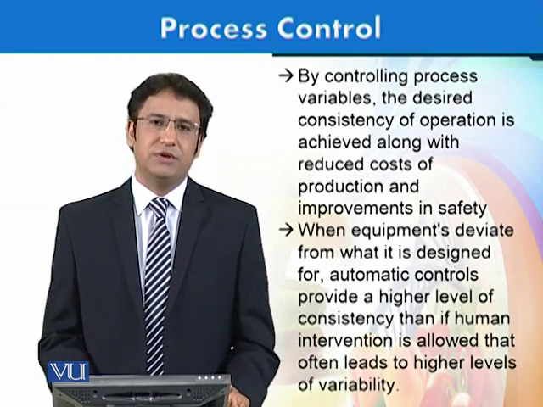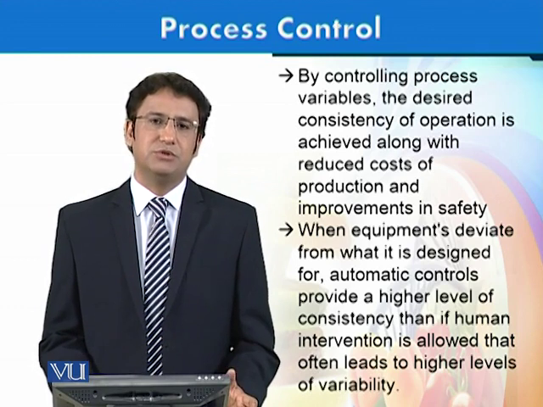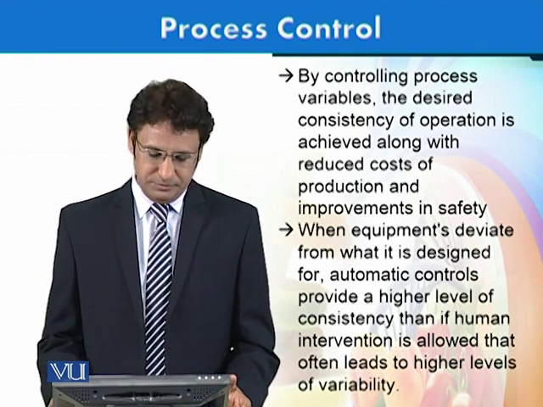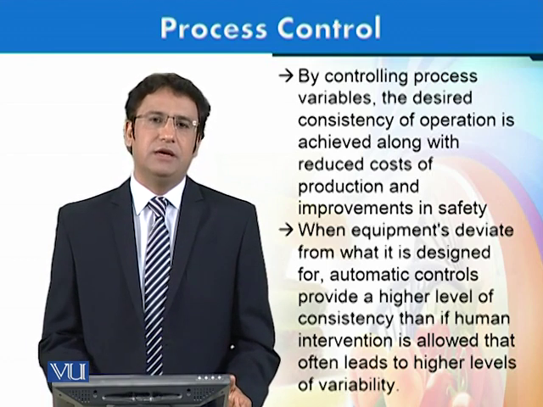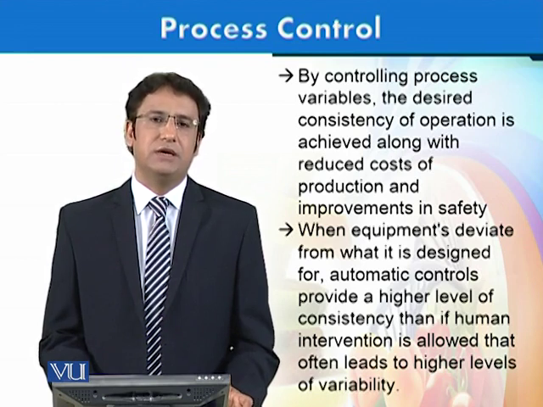Whenever there is a deviation in any equipment from the work that the equipment was supposed to do, there has to be some automated control that would bring that equipment back to its normal function. Generally, most of the food processing lines are equipped with these automatic responses and process control measures, because in today's world there are very high throughput systems or product lines where we get a large number of products in a very small amount of time.